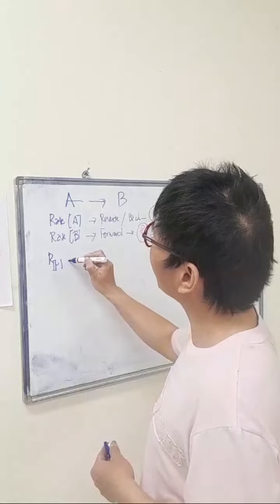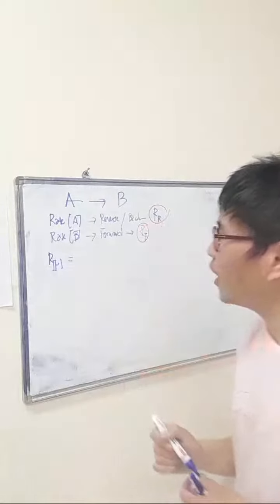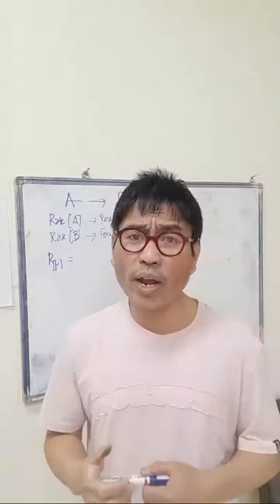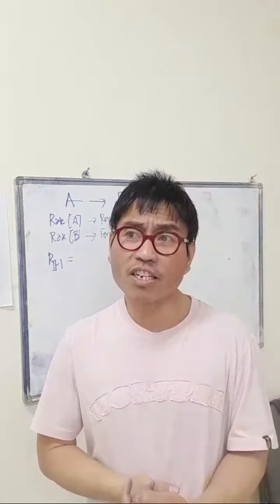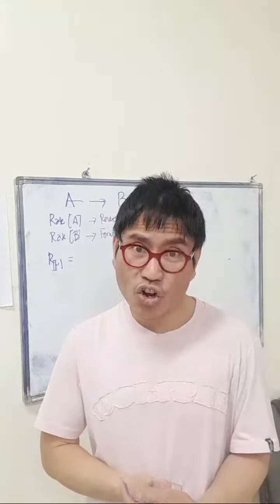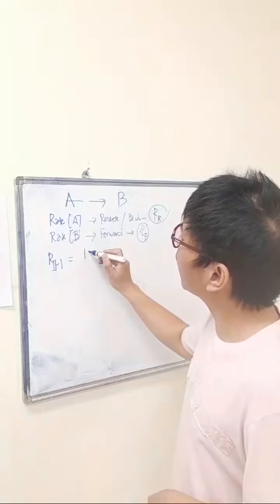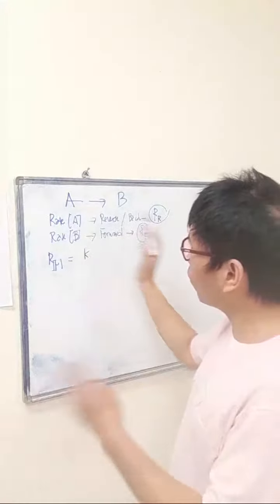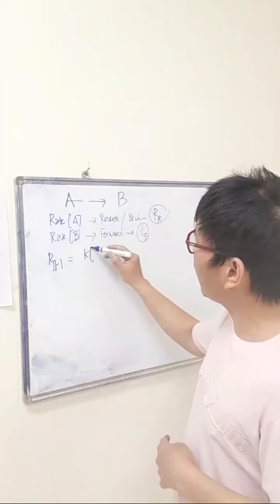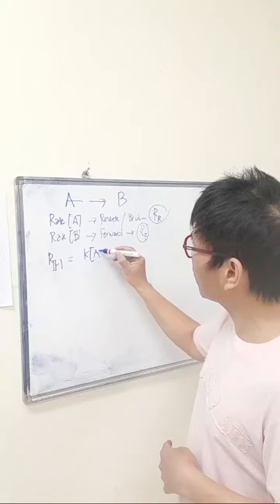So when you get the rate of forward reaction, you need to establish the equilibrium constant K always. Equilibrium constant of the forward reaction, so it's going to be small letter k. And of course going forward, that is k_A.